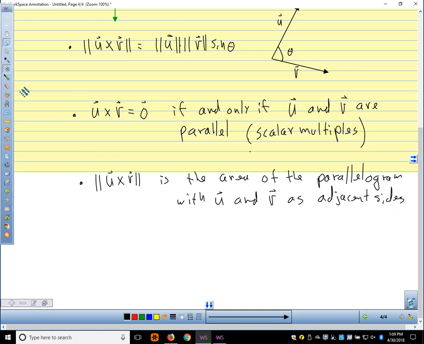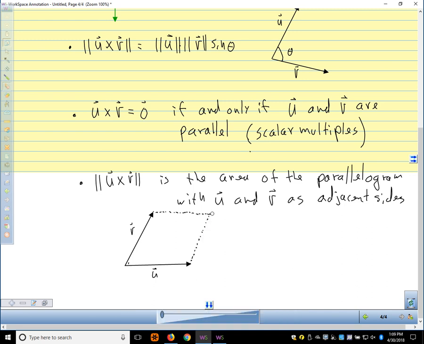So what we're saying here is if we have two vectors like so, that's U and V. If we extend this and make another vector the same length as U, and another vector the same length as V, the area of this parallelogram equals the magnitude of U cross V. So the fact that the cross product gives us an area turns out to be extremely useful.